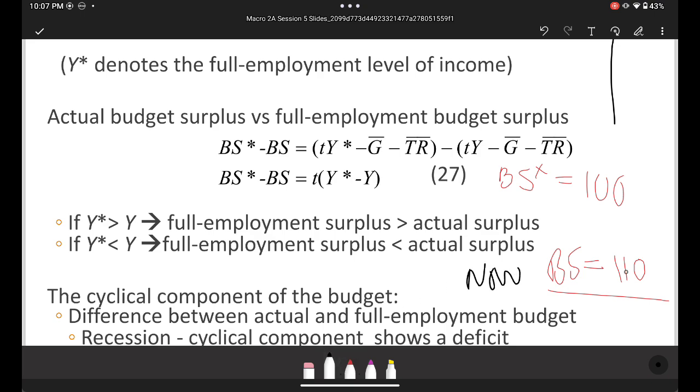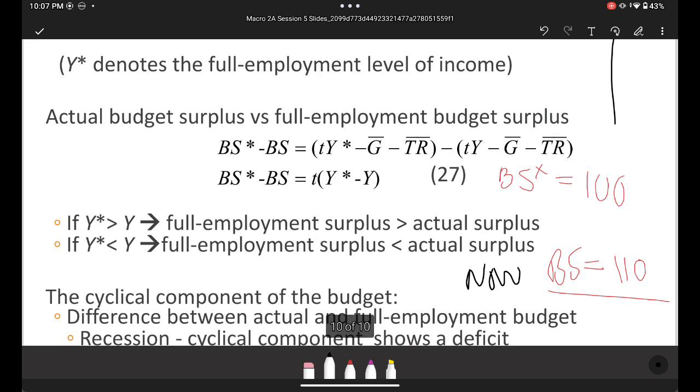If we were in equilibrium, we'd make a budget of 100 rand. This is assuming our economy was at potential GDP, doing well in equilibrium, we would make 100 rand. So now we'll call the 10, the difference, a cyclical component.